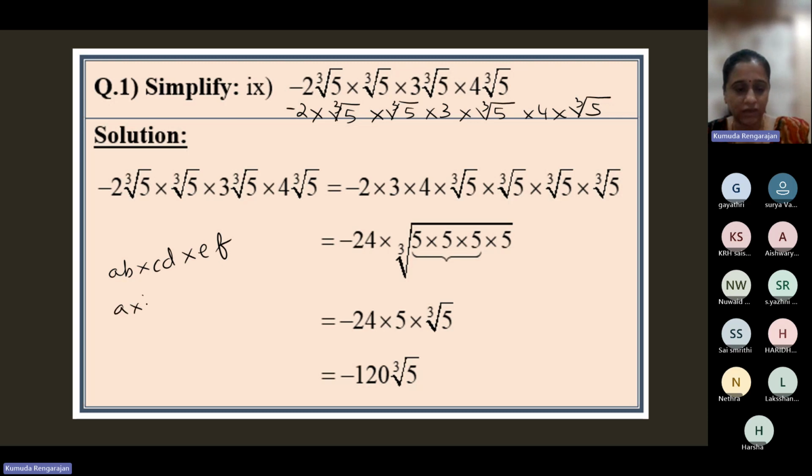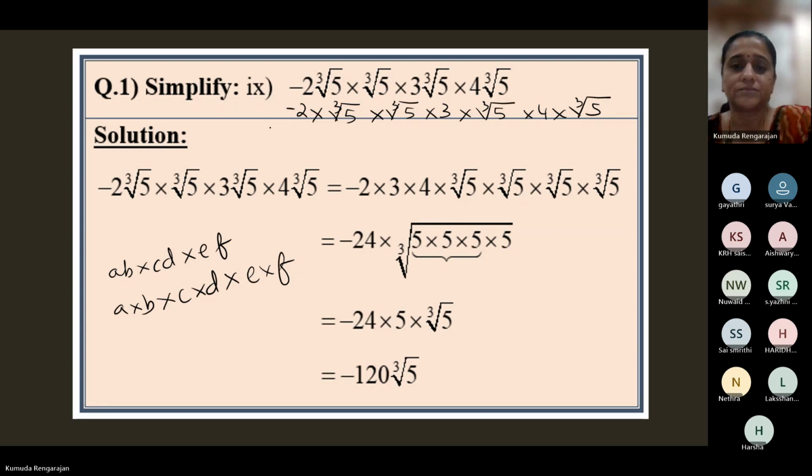AB means A into B, into CD means C into D, into EF means E into F. Similarly, minus 2 cube root of 5 means minus 2 into cube root of 5. 3 cube root of 5 means 3 into cube root of 5. So it's multiplication everywhere.